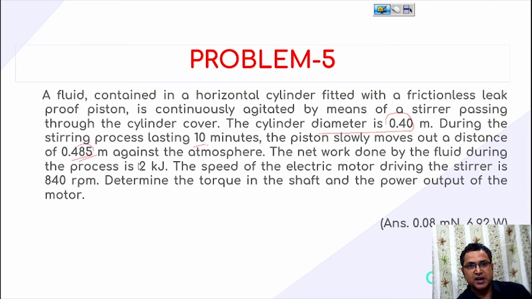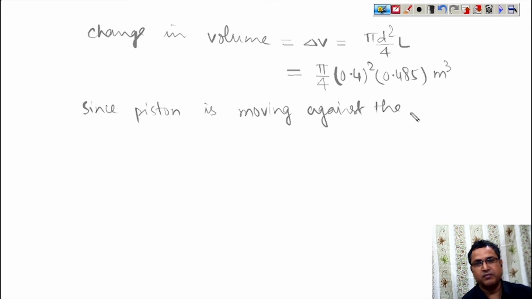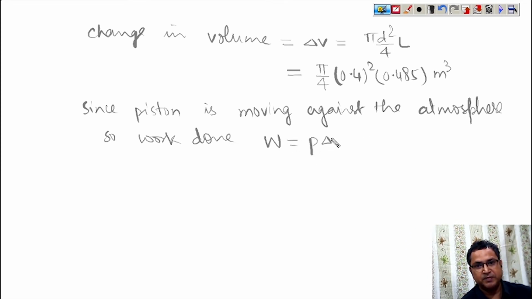And since the piston is moving against the atmosphere, work done W is equal to P delta V. P is 1.013 into 10 raised to the power 5, that is atmospheric pressure, into the change in volume, which we take from this.